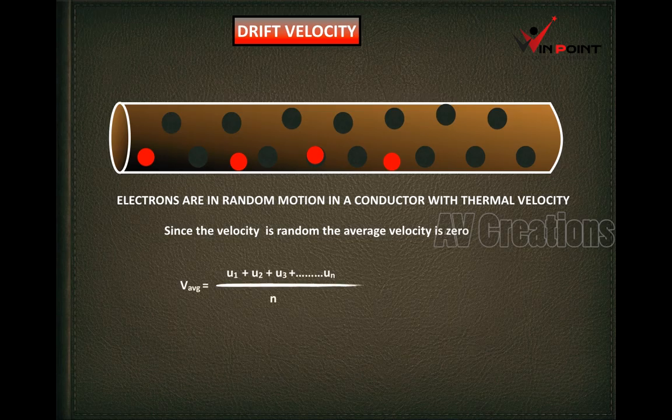If U is the thermal velocity, U1 is the velocity of the first electron, U2 is the velocity of the second electron, and there are n electrons in the conductor, then V average is equal to U1 plus U2 plus U3 plus and so on up to Un, all divided by n. The value is 0 because the velocities are opposite in direction.